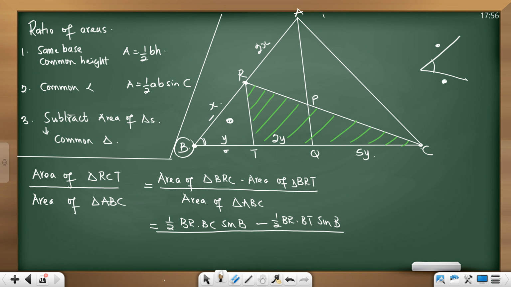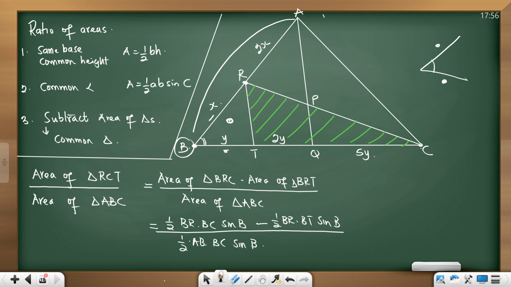Over, what about ABC? The whole length, AB, BC. If you notice quickly here, I can factorize the top. What's common?